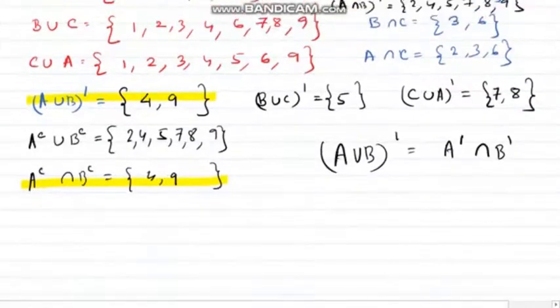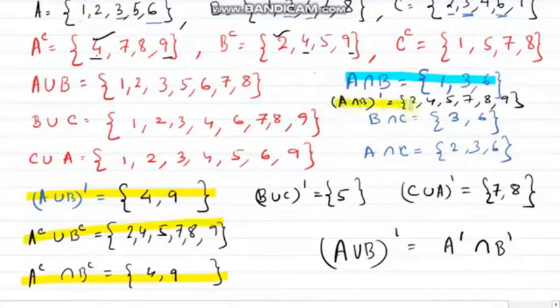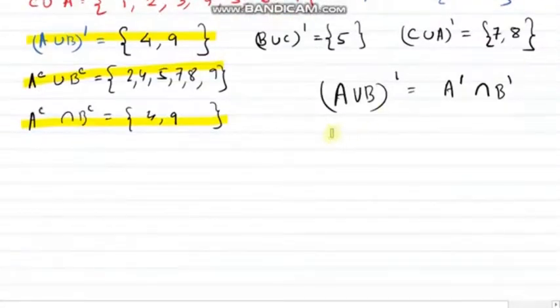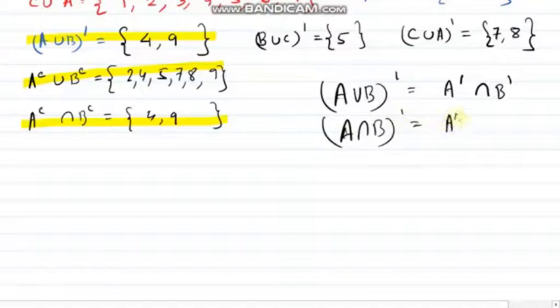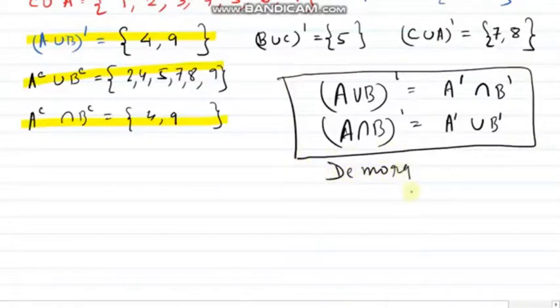Now check these two, this one and this one are the same. So again we can write that A intersection B complement equals A complement union B complement. These two are known as De Morgan's law.